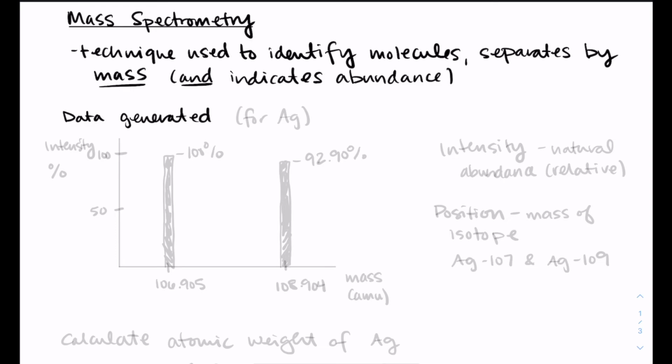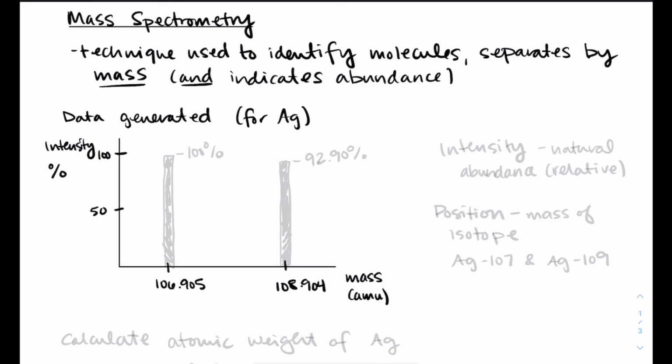So on our plot, what we have listed is an intensity on the y-axis that goes up to 100%, and one of my peaks goes up to 100%. Now, that one isotope, because we're going to take a look at the x-axis in a second, which has masses listed, that one isotope is not 100% abundant. What the computer has done is just taken the most abundant peak and set it to 100%. Everything else is listed relative to that peak.